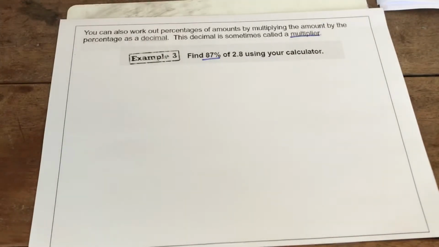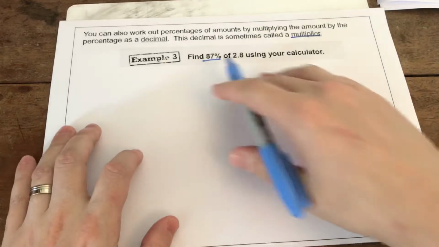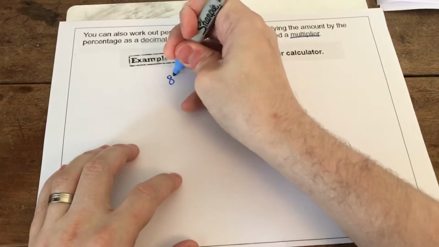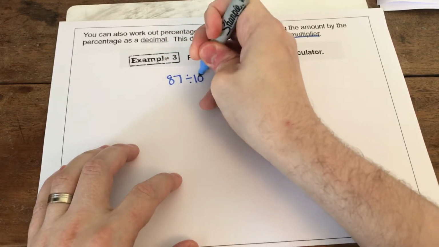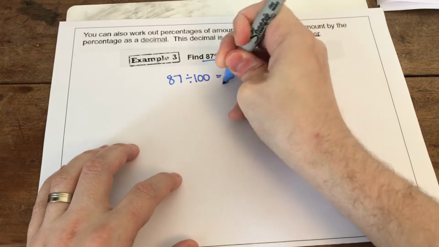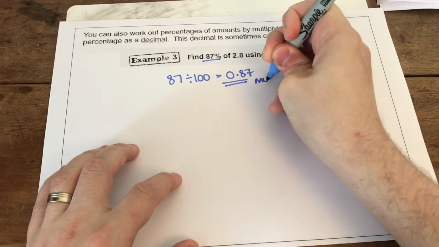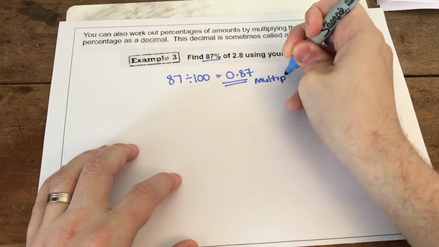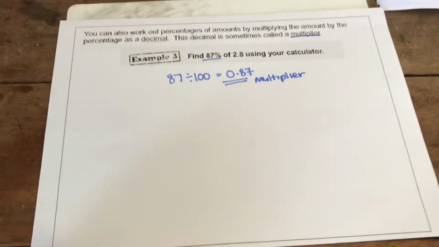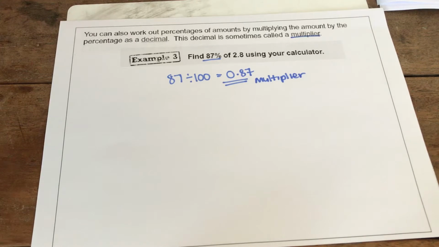So to work out our multiplier, we turn 87% into a decimal. We do that by dividing it by 100. That gives us 0.87. This here is our multiplier. It's called a multiplier because if we multiply our amount by this, it gives us our solution straight away.